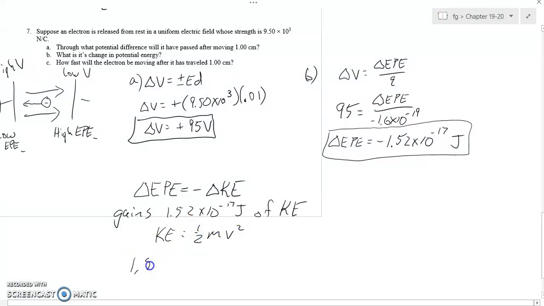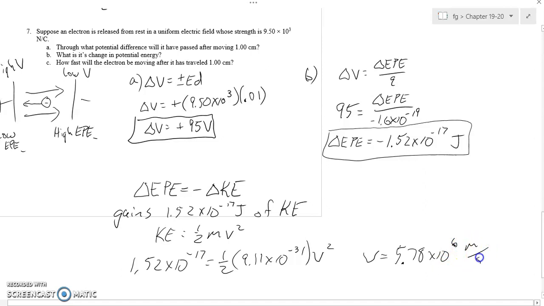So 1.52 times 10 to the negative 17 equals 1/2 times the mass of an electron, 9.11 times 10 to the negative 31 kilograms, times v squared. Solve that for v, and you should get 5.78 times 10 to the 6 meters per second.